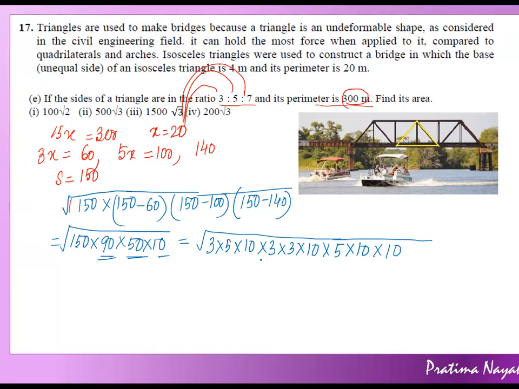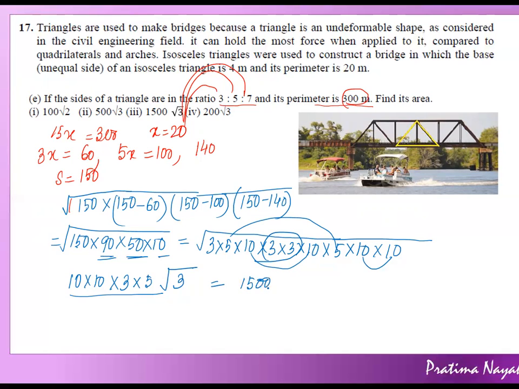Next I'll make pairs. Out of these two 10s I'll take 1. Out of these two 10s I'll take another 10. And there are 2 3s, so 1 3 outside. There are 2 5s, so I'll take 1 5 outside. So inside under root there will be 3. Now you multiply this 4, it will be 1500 root 3.